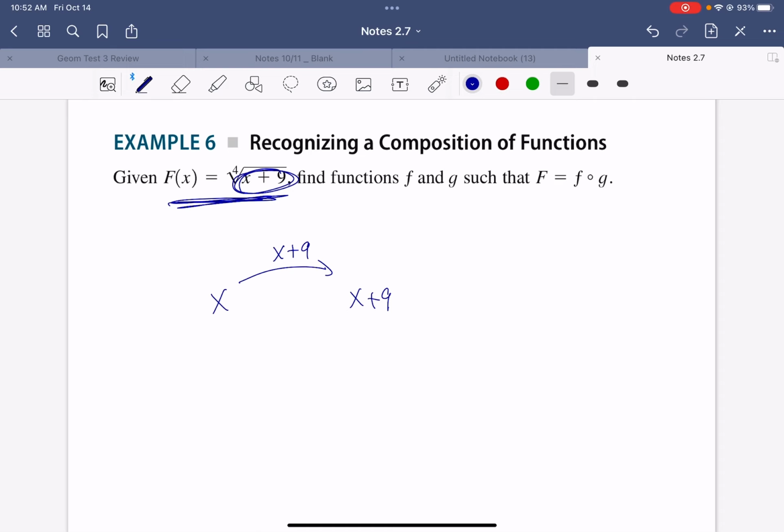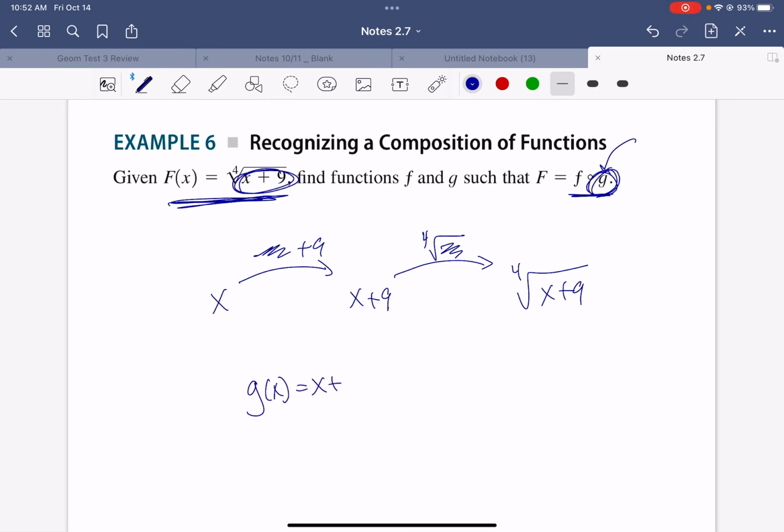And then you took that input and you did a fourth root, right? So first you did stuff plus 9, and then you did the fourth root of stuff to get the fourth root of x plus 9. So it seems like our two functions, if first you do g, then that means that g must be x plus 9, because that was the first thing I did.